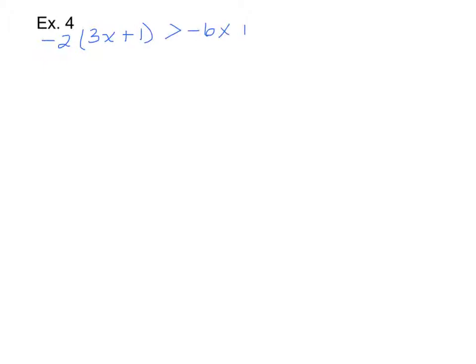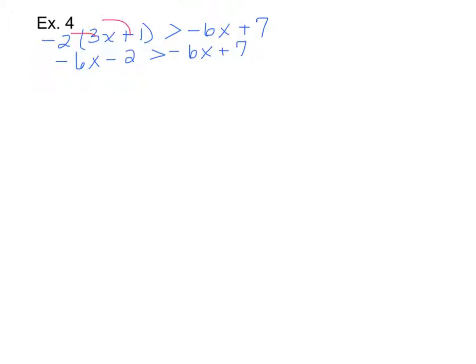And here we're going to have to distribute again to get -6x - 2 is greater than -6x + 7. And here you would decide which way you want to add the 6x.